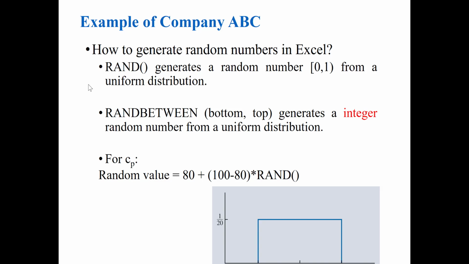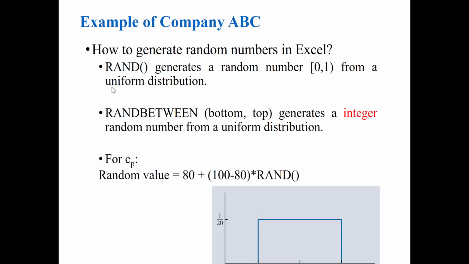Excel has a very good function called RAND, which generates a random number between 0 and 1, and technically it is not a completely random function. This is pseudo random, but that's okay. We can use this function. So RAND generates a number between 0 and 1 from a uniform distribution.